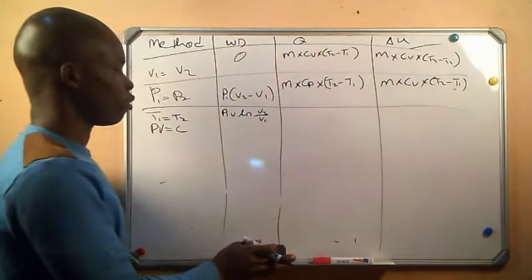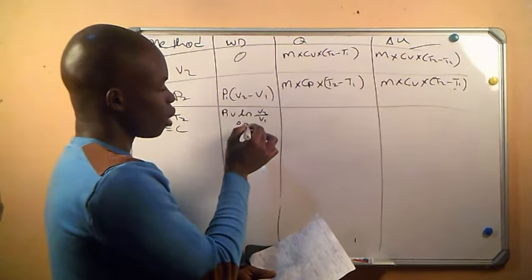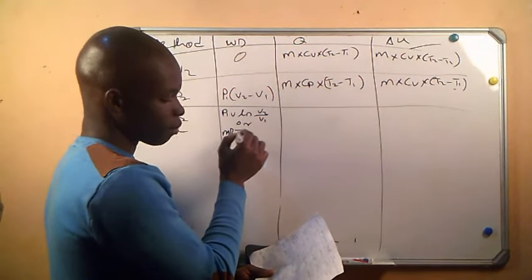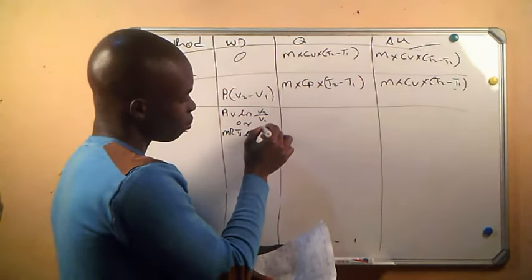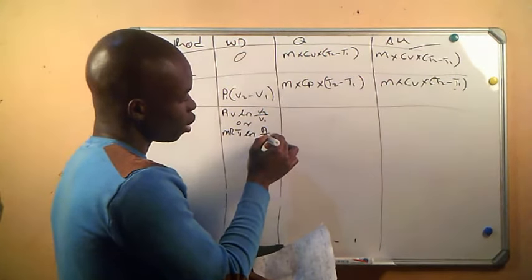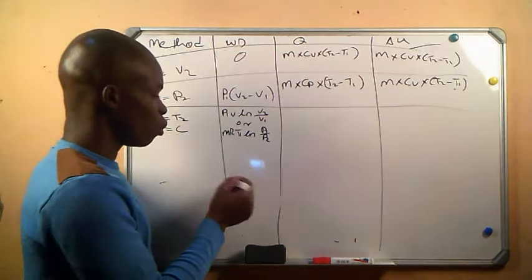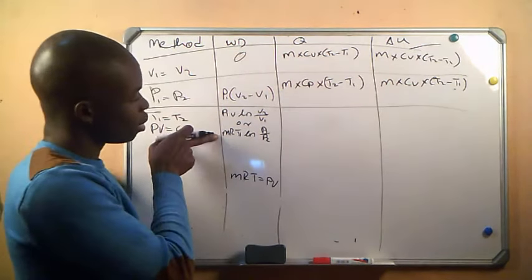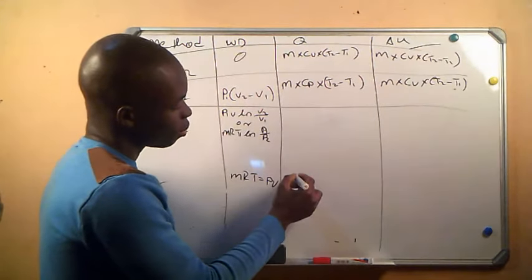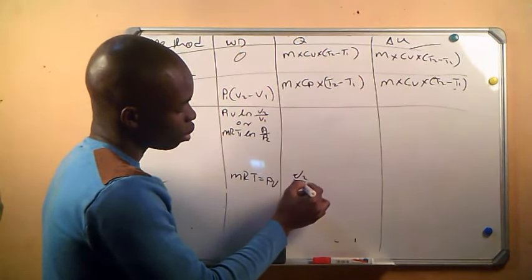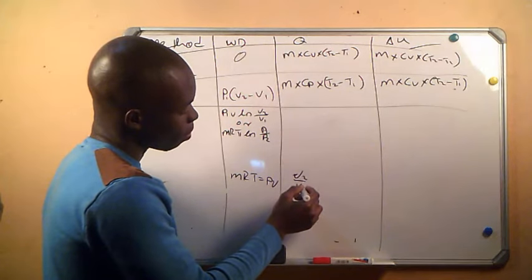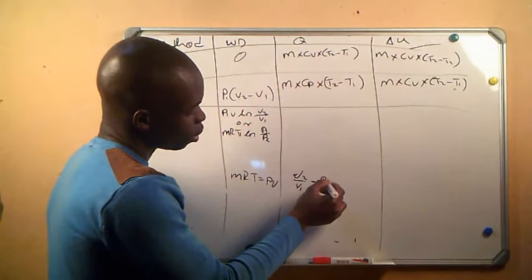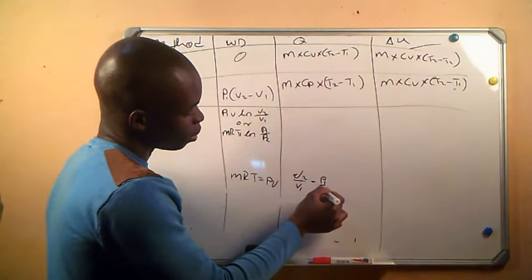Another formula that you can use here is mRT1 ln P1 divided by P2. In this case again, we know that mRT is equal to PV. And we know that V2 divided by V1 is equal to P1 divided by P2.